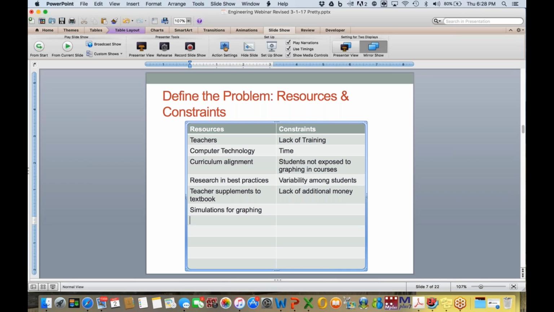Awesome. So I was going to say creativity is a resource. I don't know if that kind of falls in that. I like that.